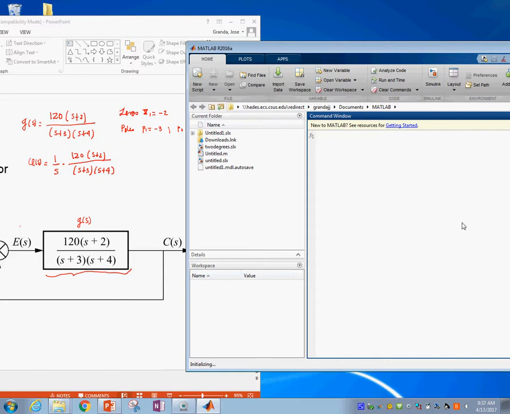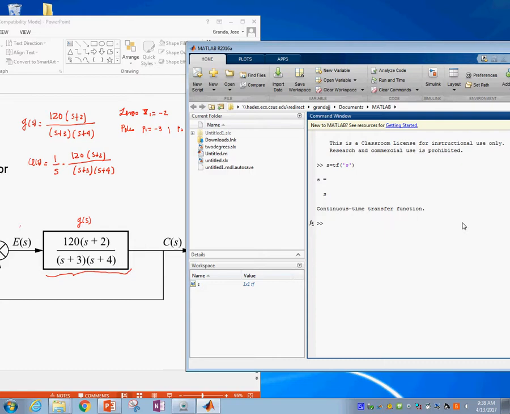First of all, the way I think is best is define the variable S as a transfer function type of the symbol S, like this. So if you do this, the computer sees that wherever you put the symbol S, you are talking about the transfer function type of element.